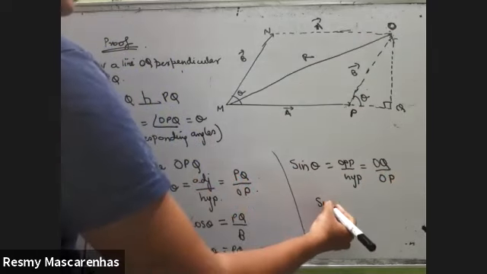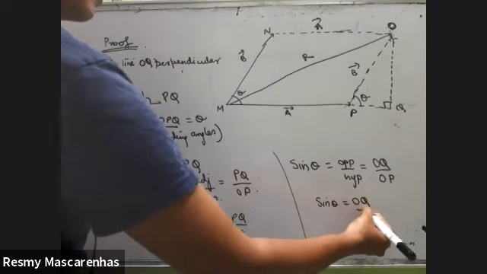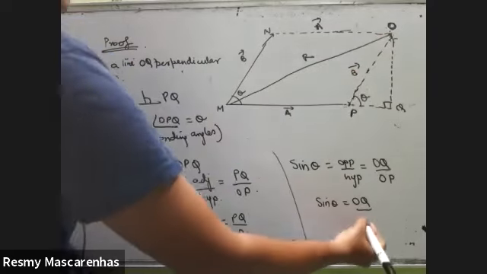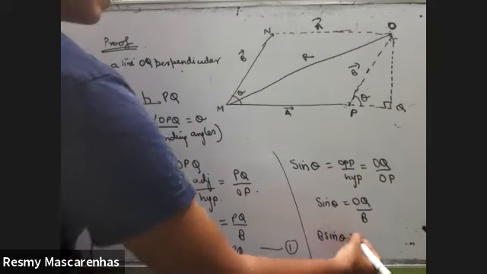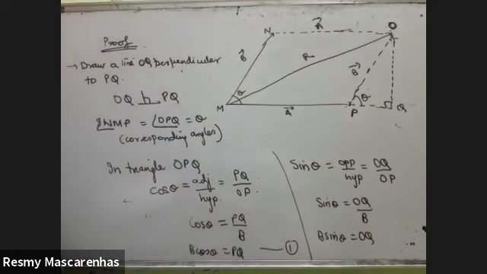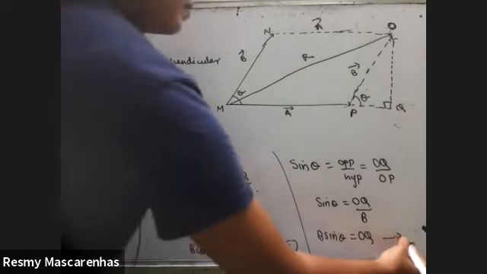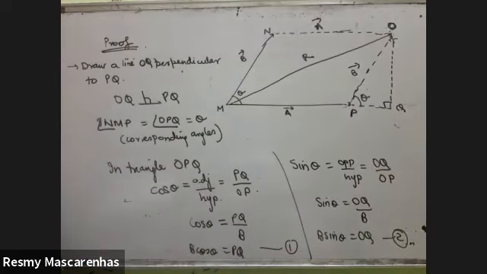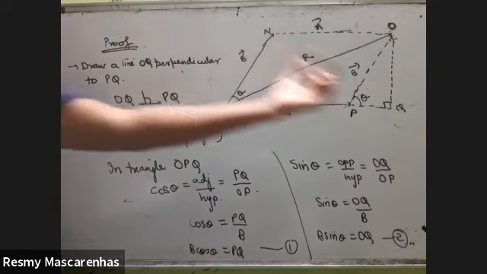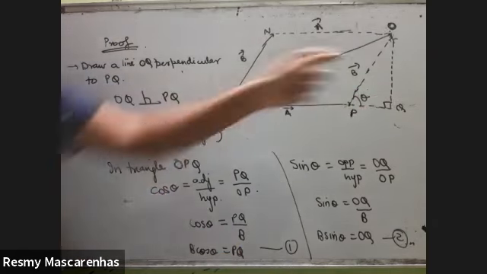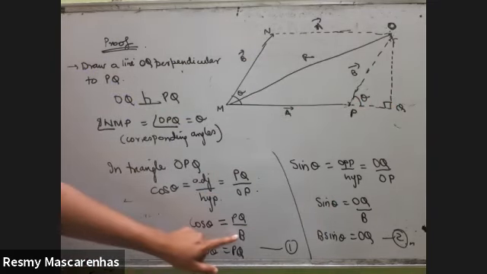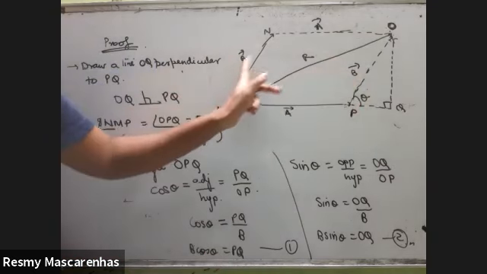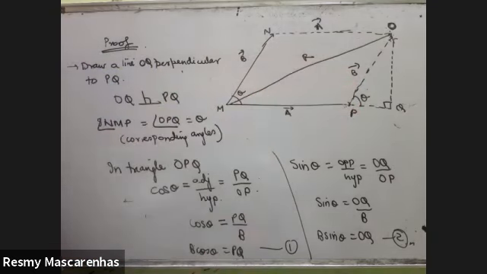Again, OP is nothing but B. So B you bring up, you'll get the value of OQ. Put this as equation 2. What you have to do: take this triangle, find what is cos theta, then find what is sin theta, opposite upon hypotenuse. Only here you have to remember to put the value of this line as B, because this is the same. If this is 10, I told you this will also be 10.